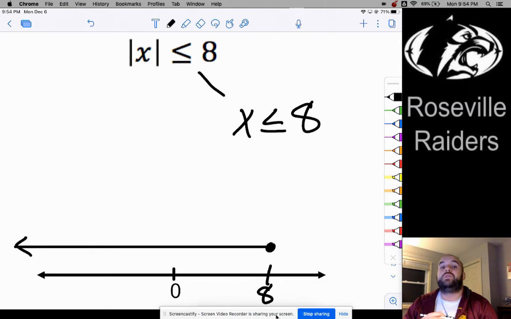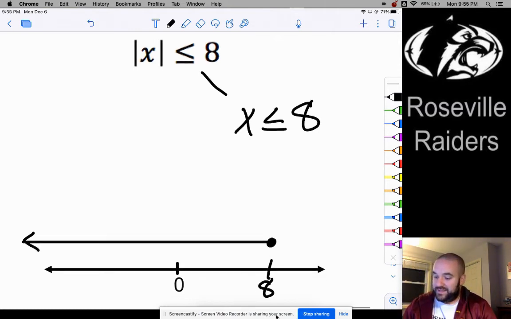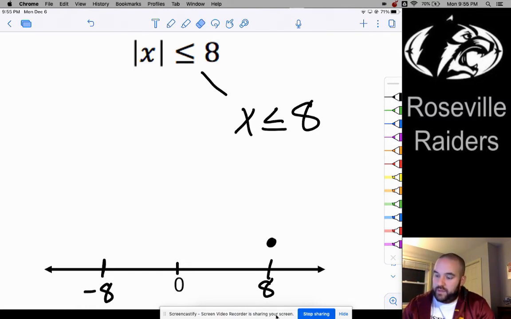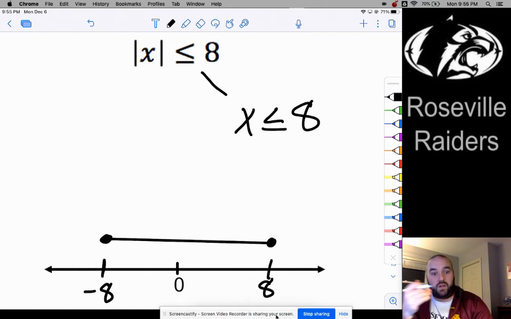Not only does x have to be less than or equal to 8, this stops at some point, and the point it stops at is -8. I need a number in between -8 and 8. So I have to cut myself off and say the only numbers whose absolute value are less than or equal to 8 lie in this range between -8 and 8.